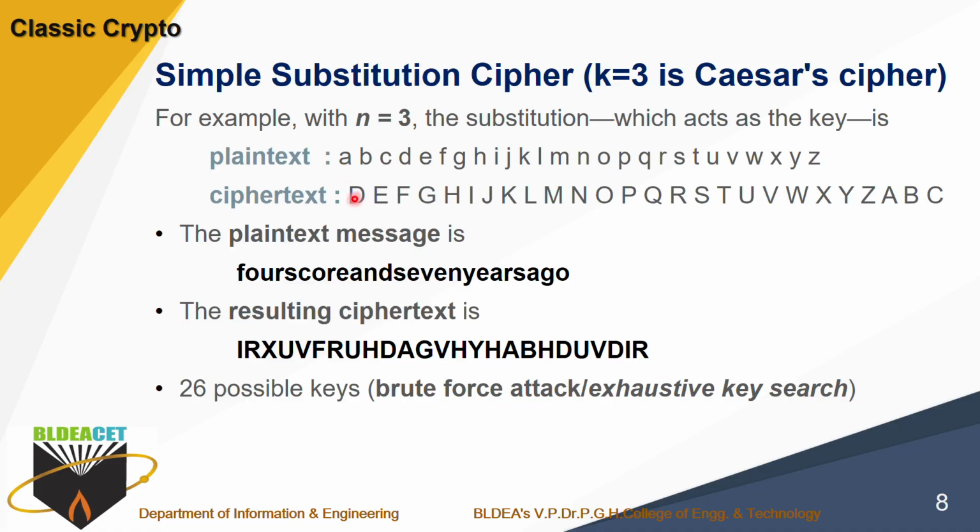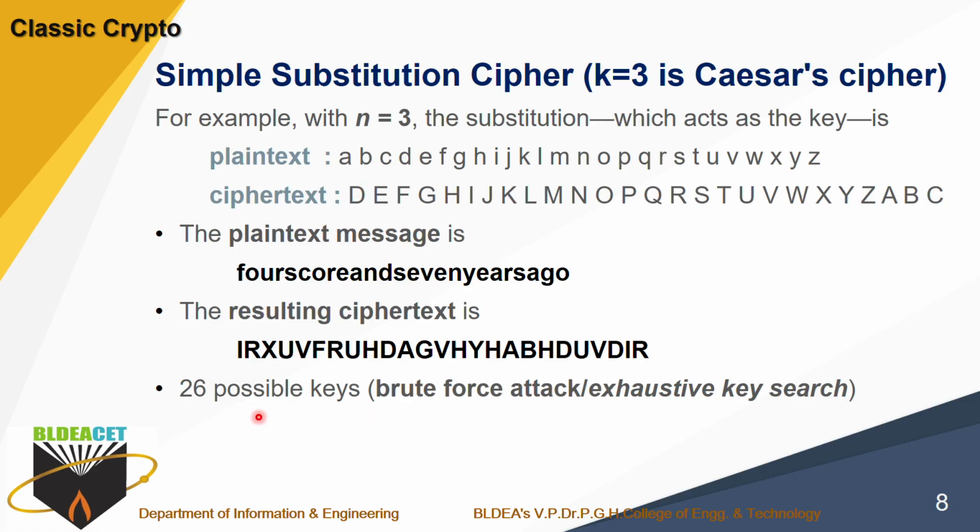So for A, if you have D, they will check substituting B, next they will check C, and next D. Like this, how many keys will you get? Only 26 keys. After trying all of these, you will find that in the place of A, they substituted D here. In the same way, they can go in sequence and guess what secret key you used to generate the secret code.